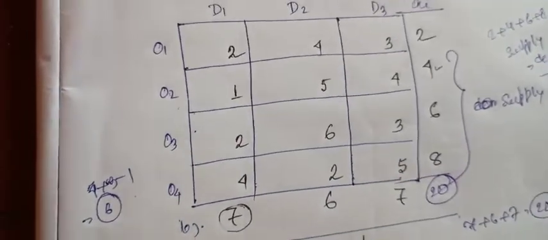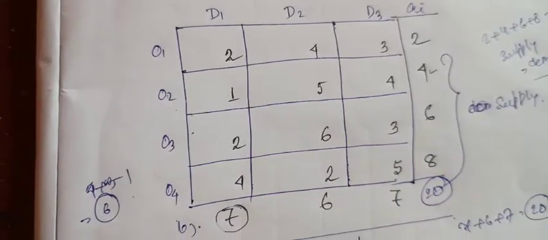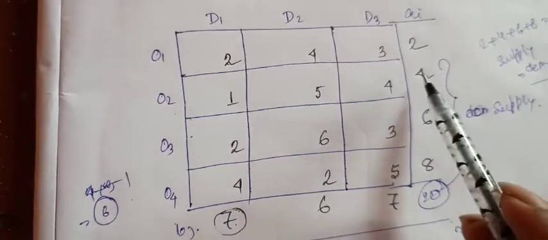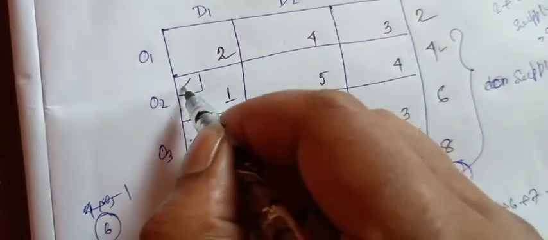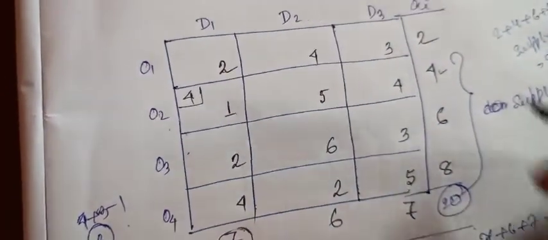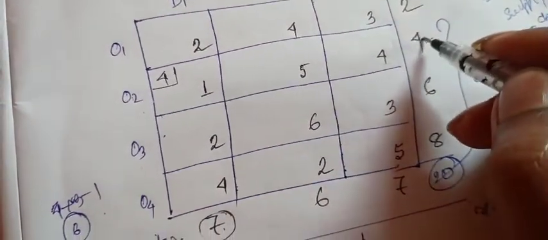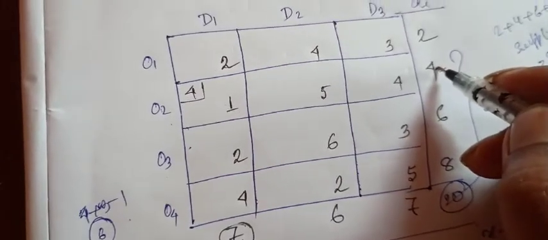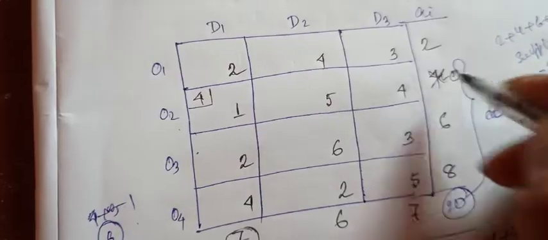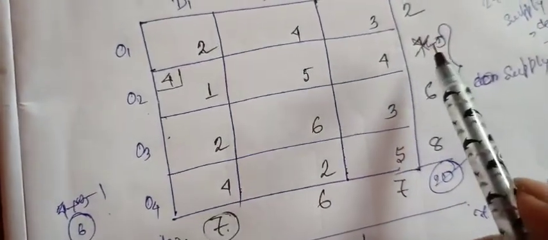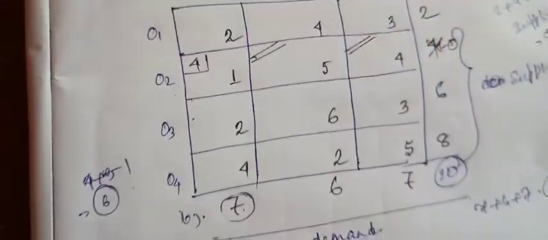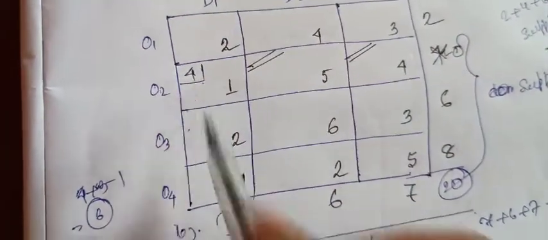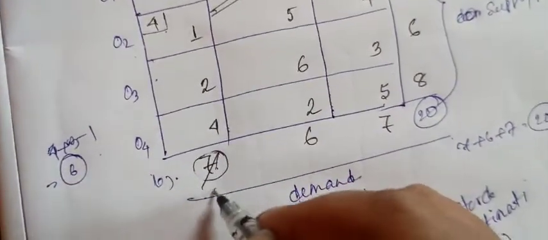Now this row will be 0 and obsolete, so we cannot supply to the other cells in this row. This fulfills 4 of 7, so the 7 is reduced to 3.